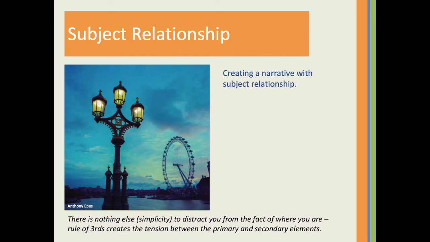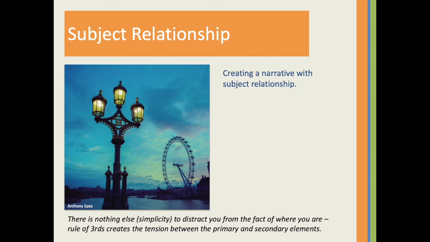When thinking of subject relationship in your photography, you will find yourself using other techniques to make it work, like the rule of thirds, leading lines, negative space. All these are key. So, for example, in the image that we are seeing in front of us, it's about a place, London. And there are just two key elements that are giving you the information you need to know where the image was taken.